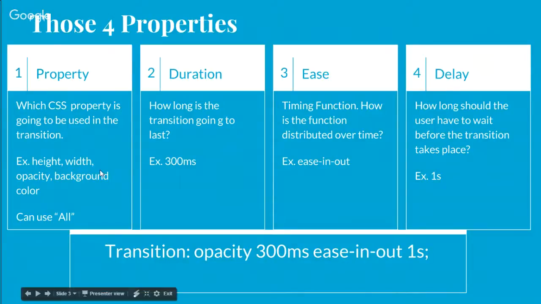So in the examples here, you can transition the height, the width, the opacity, the background color, and we'll look at even a few other ones in the next slide. You can apply transitions to almost everything, not quite everything, but almost every property in CSS.